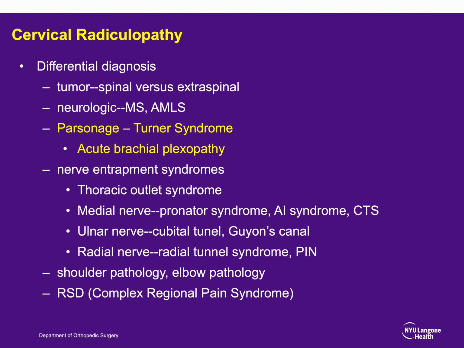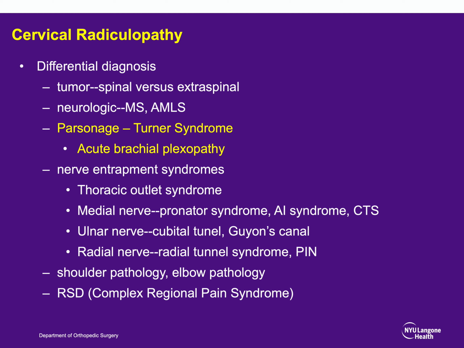The differential diagnosis for radiculopathy is vast because of the fact that there's a significant high percentage of abnormal findings on the MRI in otherwise asymptomatic patients. One has to always make sure that there are no other causes for the patient presenting with complaints of radiculopathy.